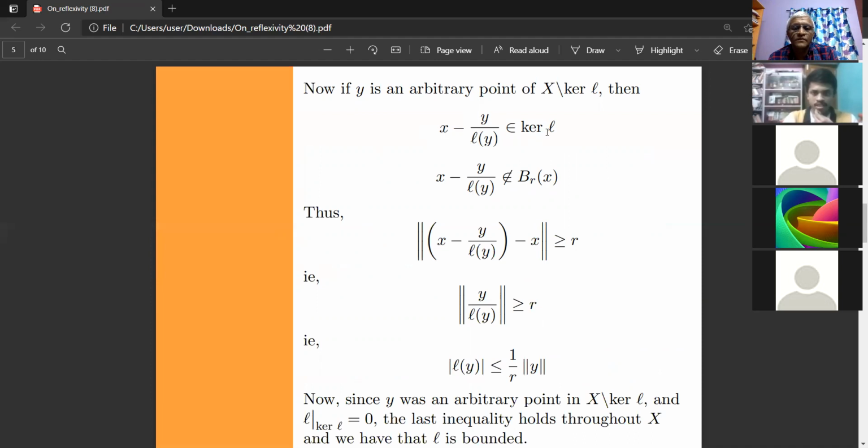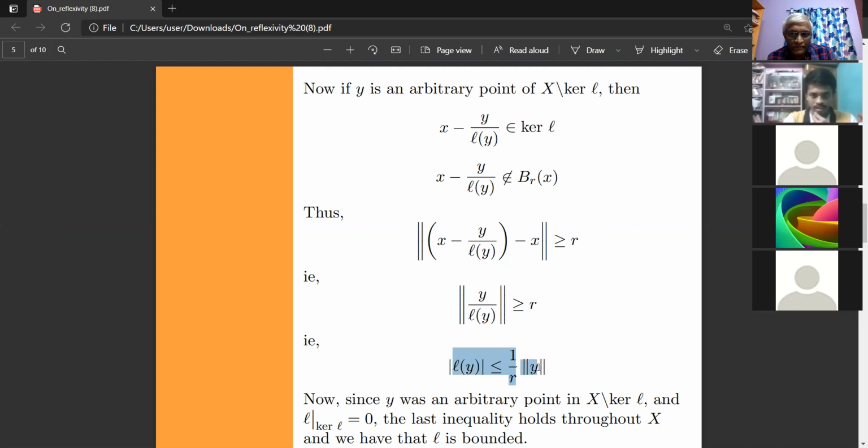Since it is contained in the kernel and this ball was disjoint from the kernel, it is not contained in this ball. Thus this inequality holds: the norm of h minus y by L of y minus h is greater than or equal to r. From this inequality we get that L is bounded, because the modulus of L of y is less than or equal to 1 by r times the norm of y.